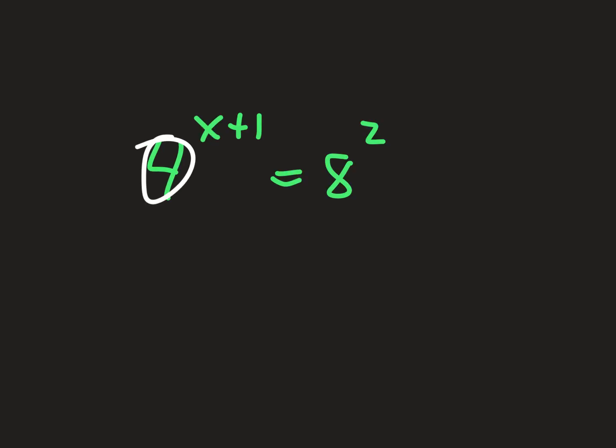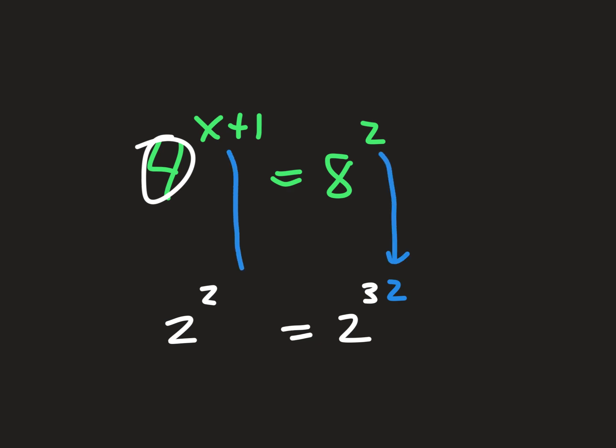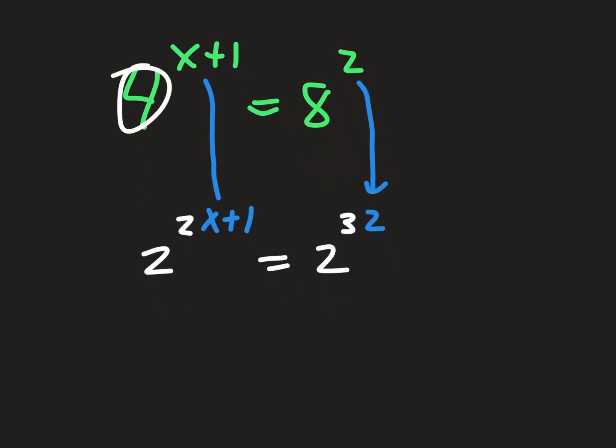That 4 right there, that's 2 squared. That 8 right there, that's 2 to the third. But what you do next is going to determine whether you screw this up or not. You bring this 2 down, and of course you know that's not 32. And you bring this x plus 1 down here, and that's where I think some of you are going to screw up. Finish your answer.